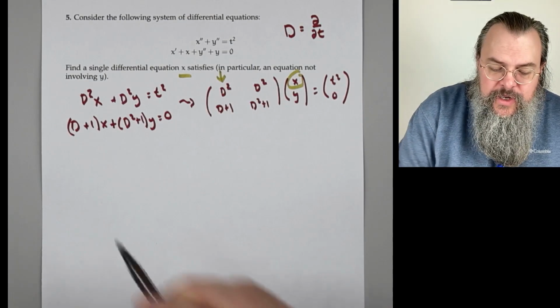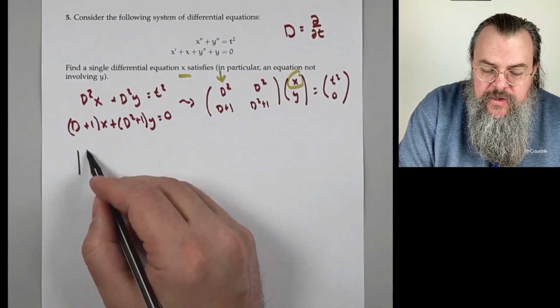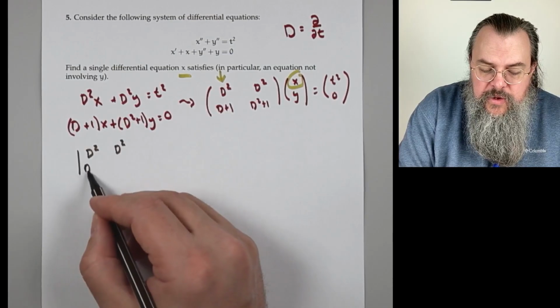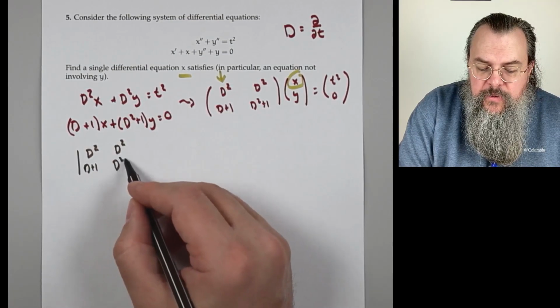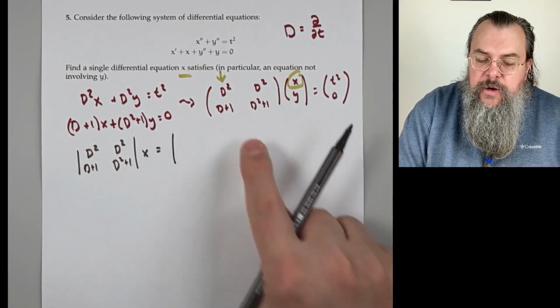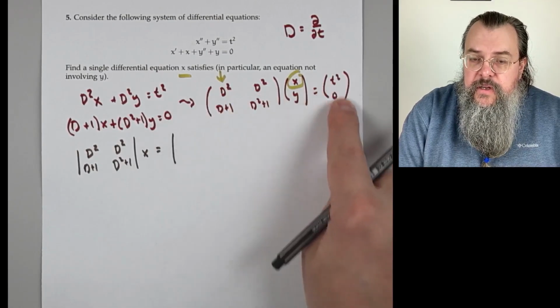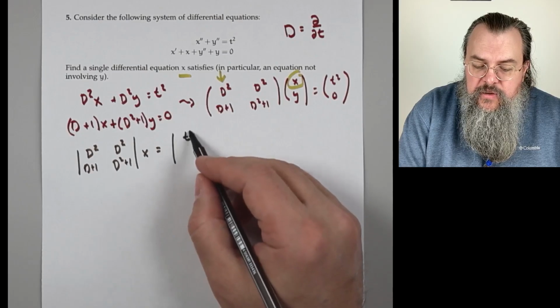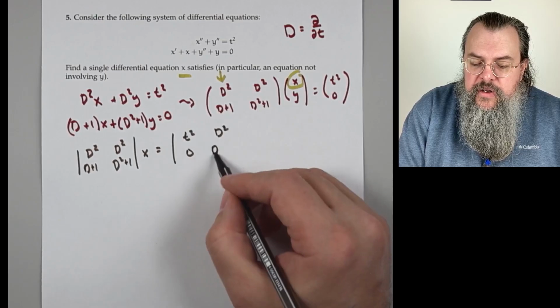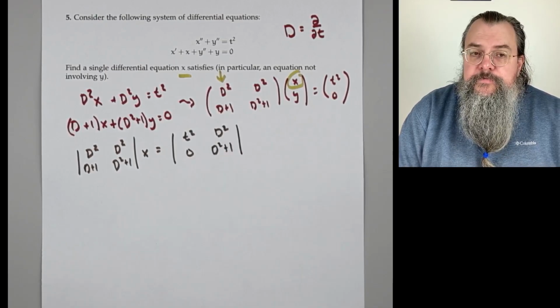So we're going to take the determinant of d squared, d plus 1, d squared plus 1, x is equal to, and now replace the x column with t squared, 0, d squared plus 1.